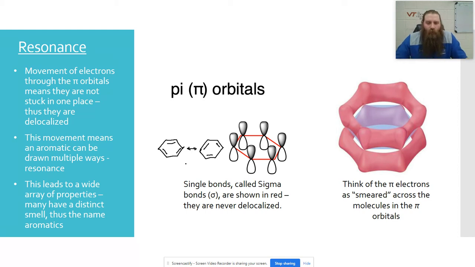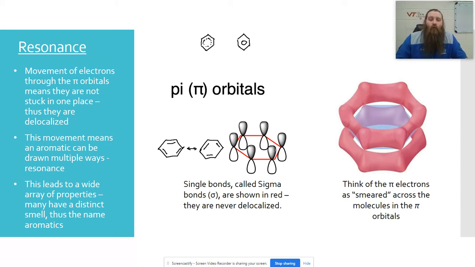And it's not really that one is right and the other is wrong. It's actually the fact they're both true. And they give us a hybridized benzene that we might draw with dotted lines, or sometimes we'll show it like that. Either way, what we're trying to indicate here is that there's resonance occurring.